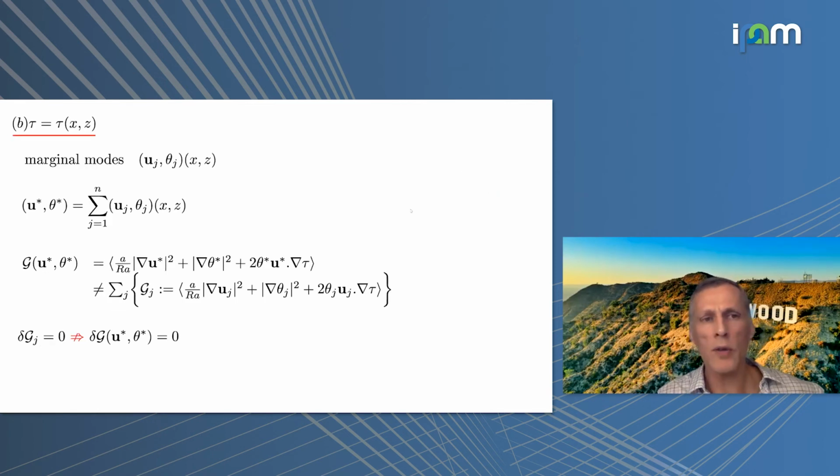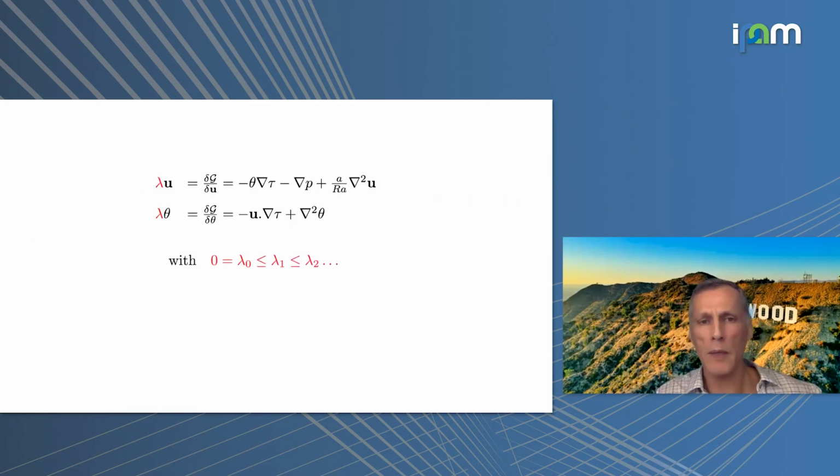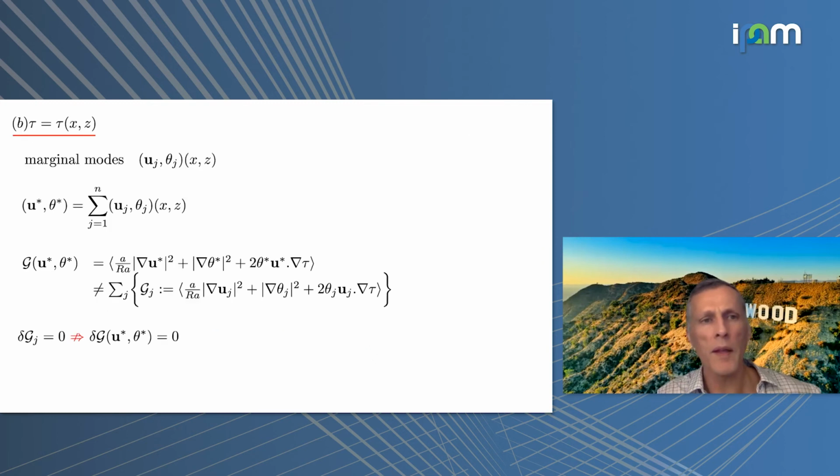Now the contrast is if I extend tau to be two-dimensional, then my eigenspectral problem does not separate, it's fully 2D in x and z. And so when I come to write down the modes, which are marginal, they're also going to be a function of x and z.